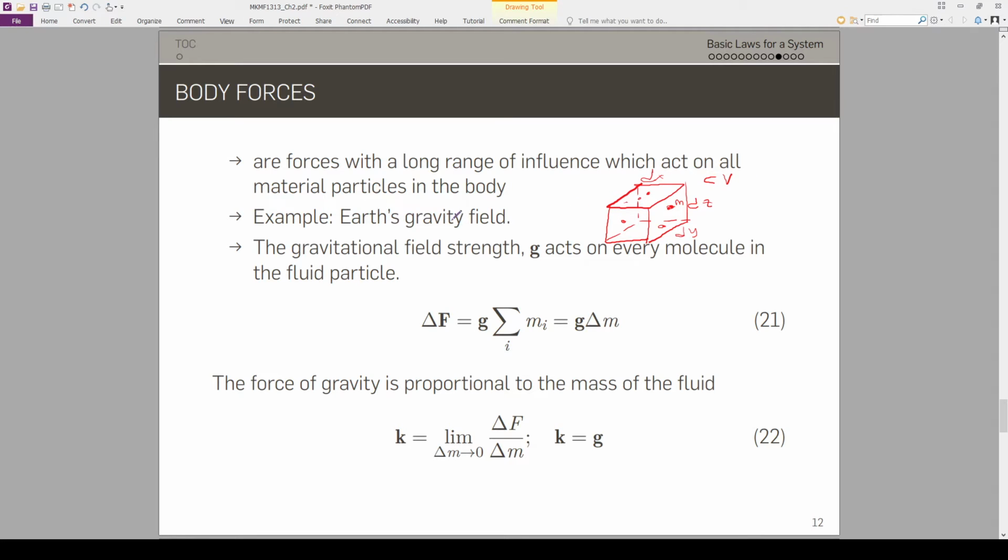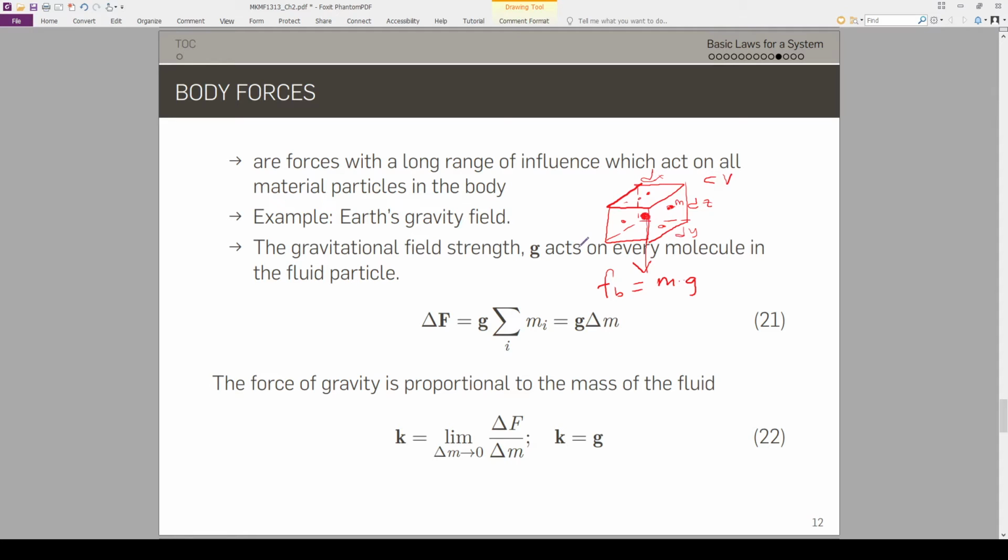Under this gravitational field, the mass contained in the whole control volume, under the gravitational acceleration, multiplied by g gives the force contributed from the whole control volume.